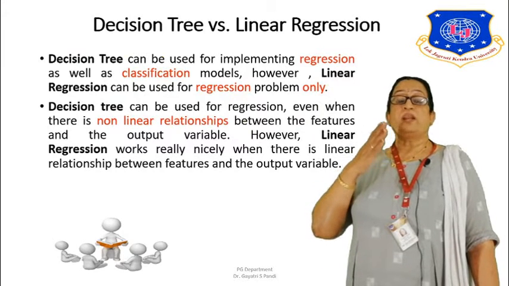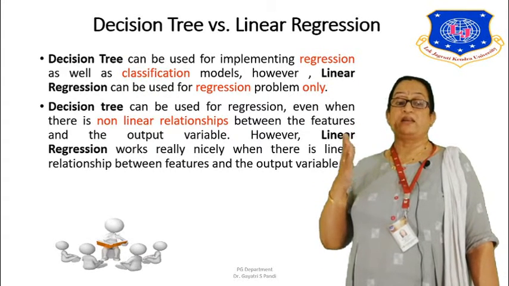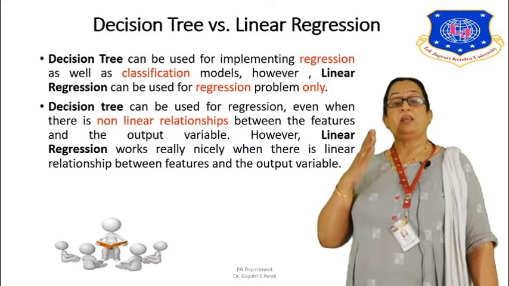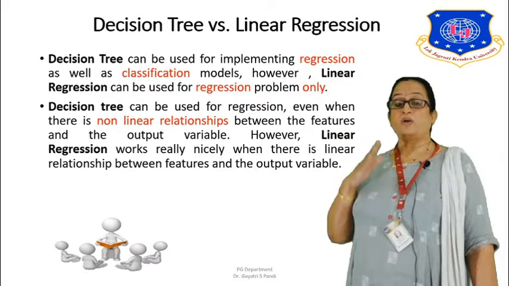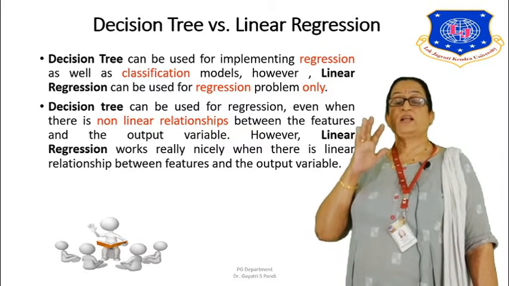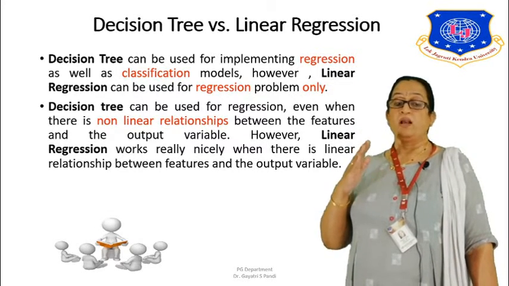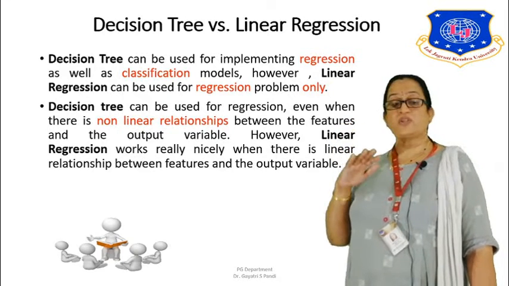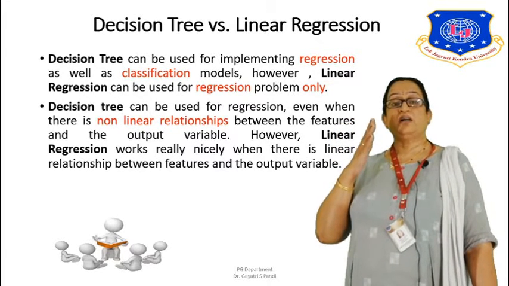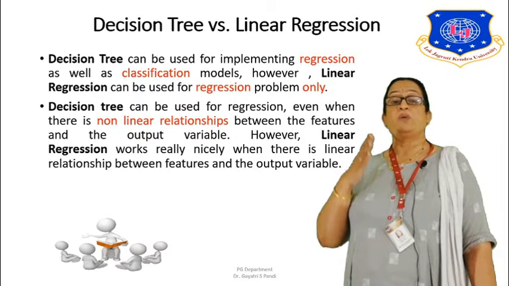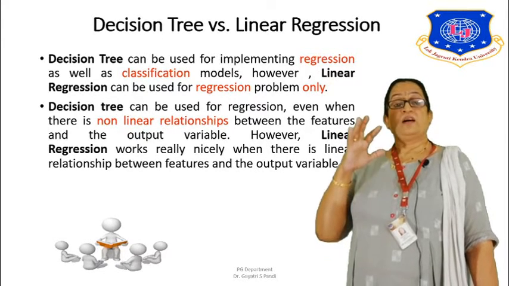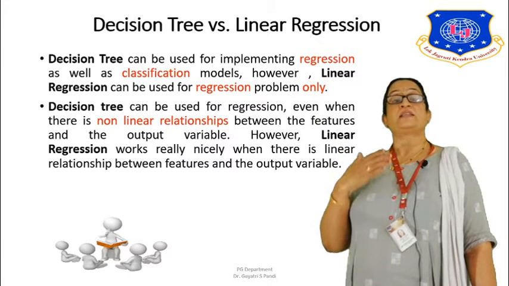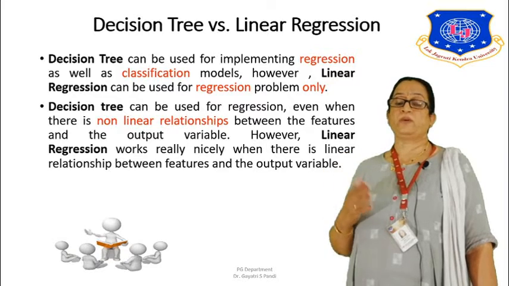Now let us compare decision tree versus linear regression. A decision tree can be implemented using regression as well as classification models, whereas linear regression focuses just on regression problems. A decision tree can be used for regression even when non-linear relationships exist between the features and the output variable, whereas linear regression is used only when there is a linear relationship between the features and the output variable.